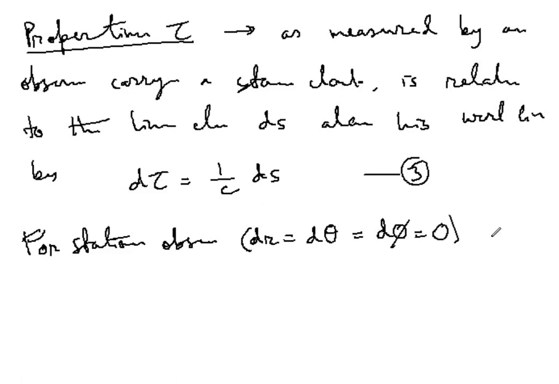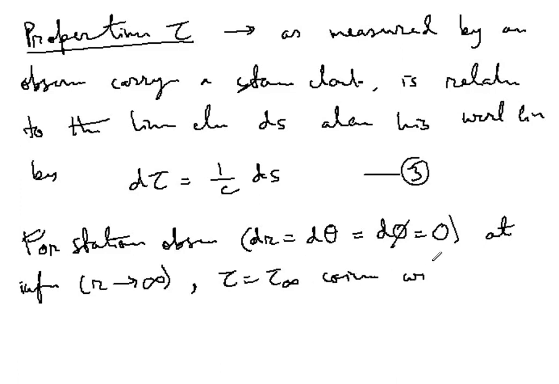Okay, at infinity, that means r tending to infinity, what will happen? This proper time tau is what we call tau infinity. This coincides with t according to equation 1, this expression.